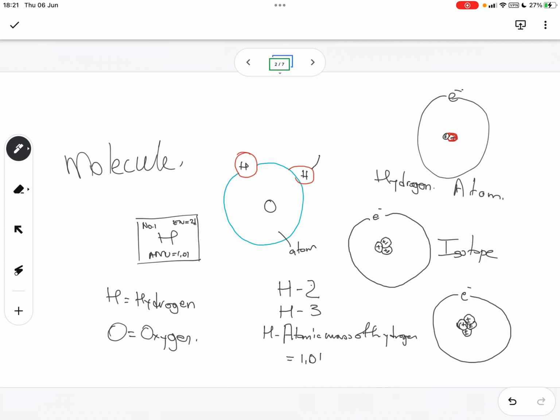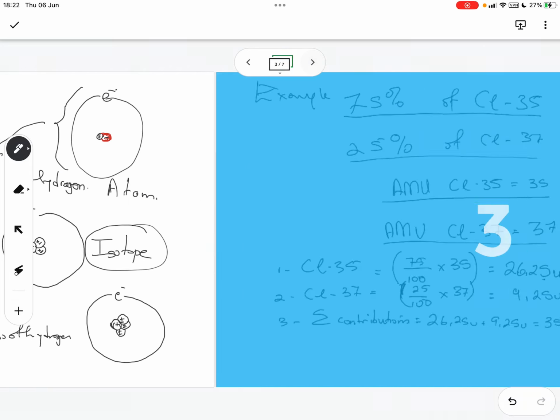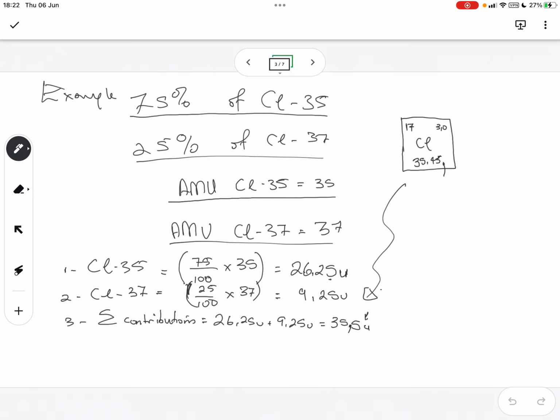So in other words, let me start with this slide. This would be an atom, that would be an atom, and this would also be an atom. We could think about this one as that atom, or rather as this atom. And isotopes, it's there.